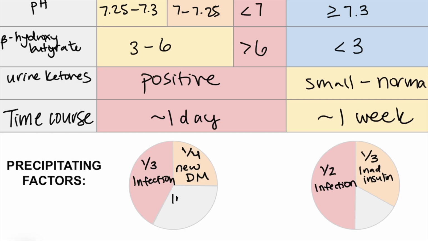For DKA, those are inadequate insulin, as well as iatrogenic causes, whether that be from medicines or procedures. And then for the HHS group, some other contributors include endocrine diseases and iatrogenic causes as well.